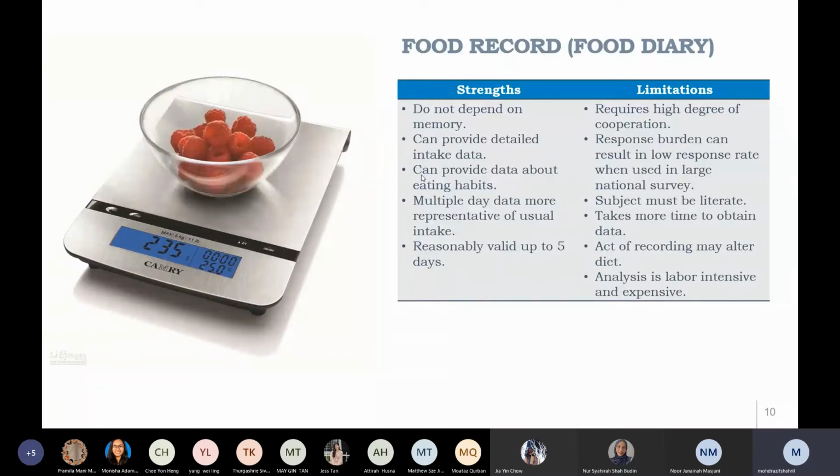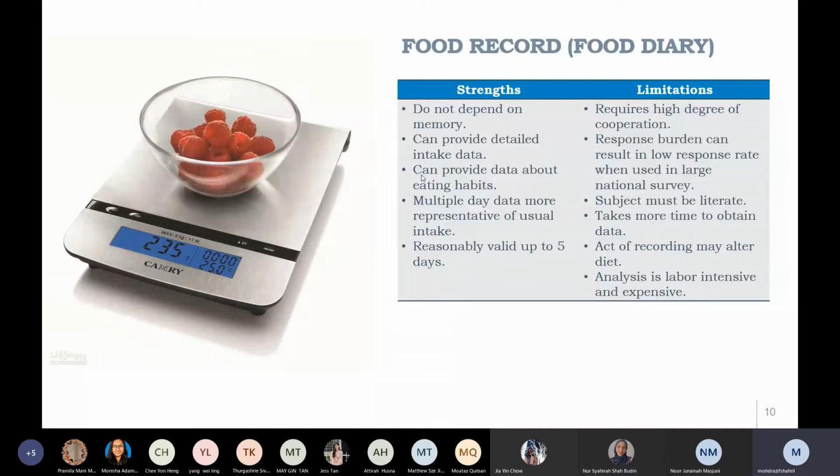So when you use this method throughout the study period, there will be some people who drop out from the study, and we can see a lower response rate. Okay, and subjects must be literate, must know how to write and read, because they are requested to record or write the foods that they have consumed. They must also know how to calculate, okay, a little bit.